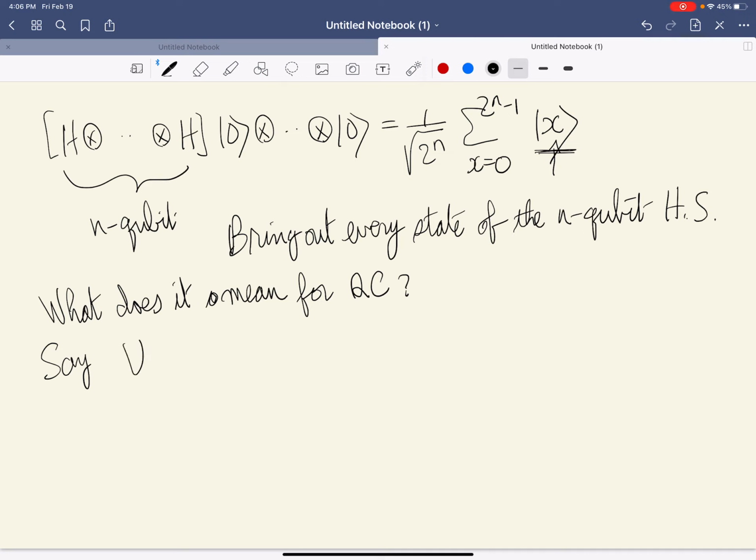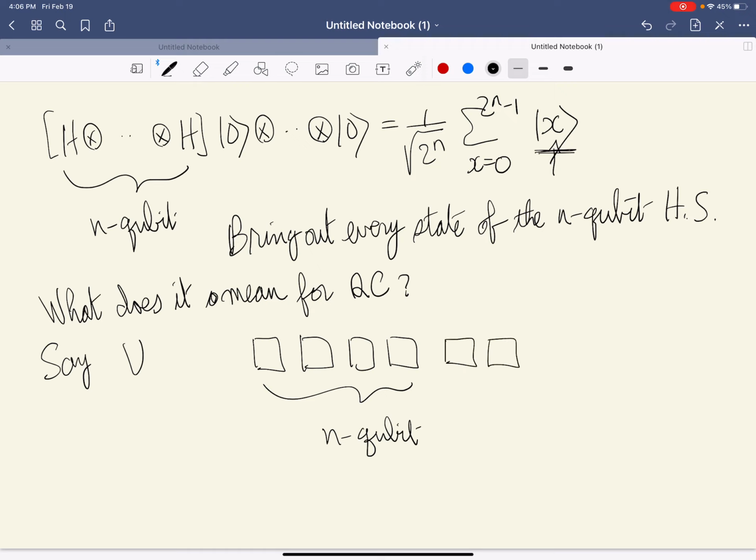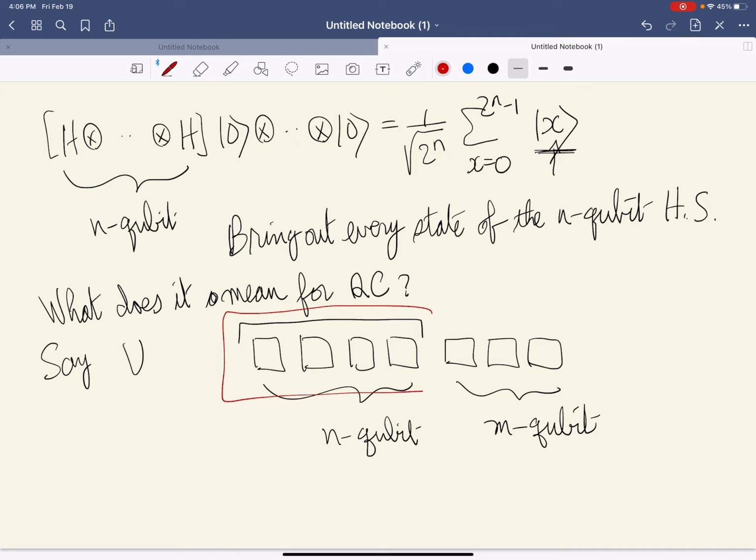Because say you had a system like this, n qubits, and attached right next to it another m qubit cluster, and then you get to do a Hadamard operation only on this subset of the qubits, while keeping all of the states in the m qubit cluster in the 0 state.